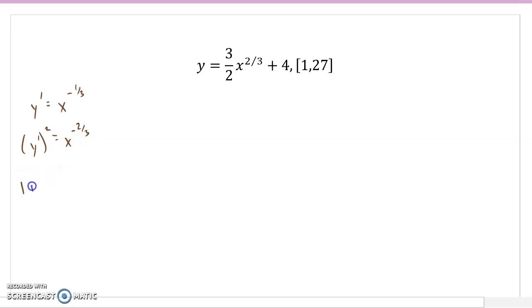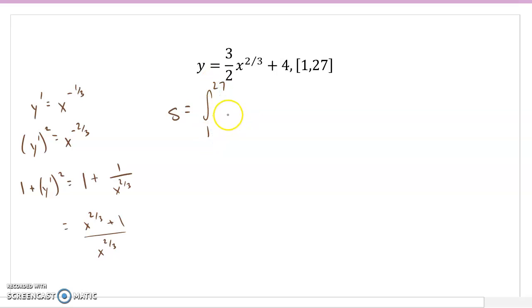When we add 1 to our derivative squared, we get 1 plus 1 over x to the 2/3, or x to the 2/3 plus 1 over x to the 2/3. So when we integrate to find s, we're going to integrate from 1 to 27 of the square root of x to the 2/3 plus 1 over x to the 2/3 dx.